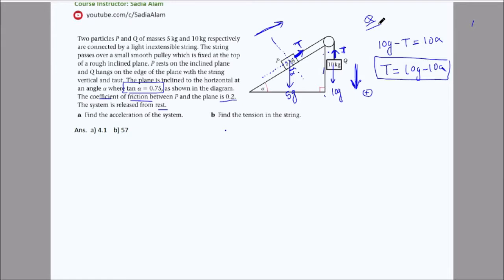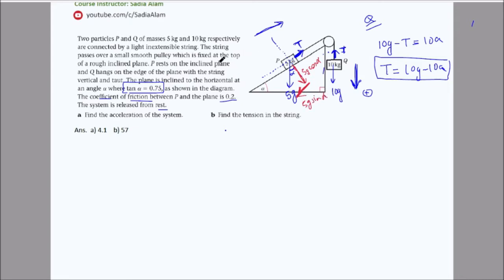And for P, you need to include all the forces. So let me simply break down the component for weight. We have one of the forces here, which, since it's adjacent to the angle, will be 5g cos alpha, and this one will be 5g sin alpha.